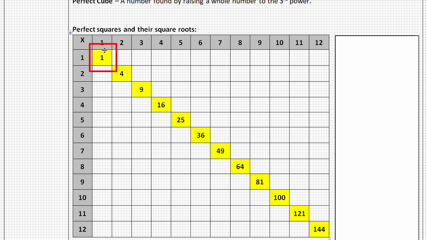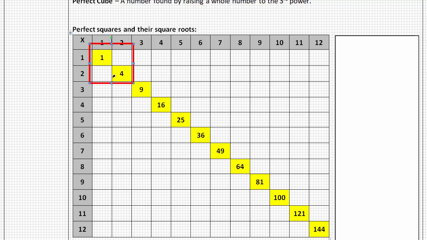If we look at the first perfect square, that would be 1, because 1 times 1, or 1 squared, equals 1. What's nice is you can actually see a square that has an area of 1 as well. If we take the next whole number, 2, and we square it, multiplying it by itself, then we get 4.